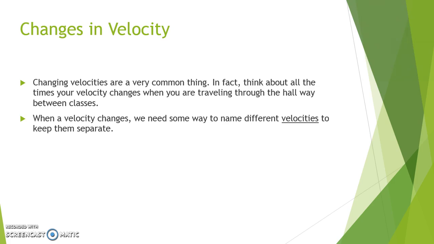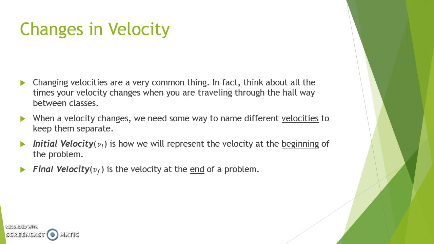Just everyday moving around and things causes so many changes of velocity that we really need to be able to define it. However, before we do, when a velocity changes, we need to be able to describe different velocities within a problem. So we're going to introduce two new velocities.